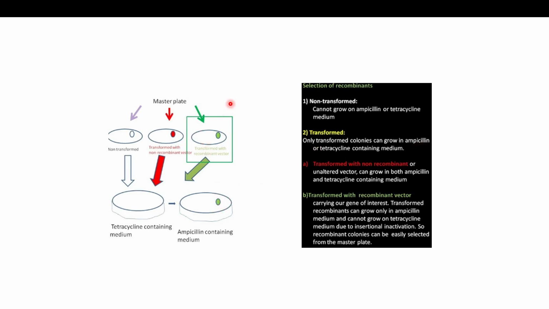Then we can select out exactly those particular colonies from that master plate which has our colony of interest, which is the transformed ones with recombinant vector, having the gene of our interest inserted at exactly the specific site that we wanted to. Okay.